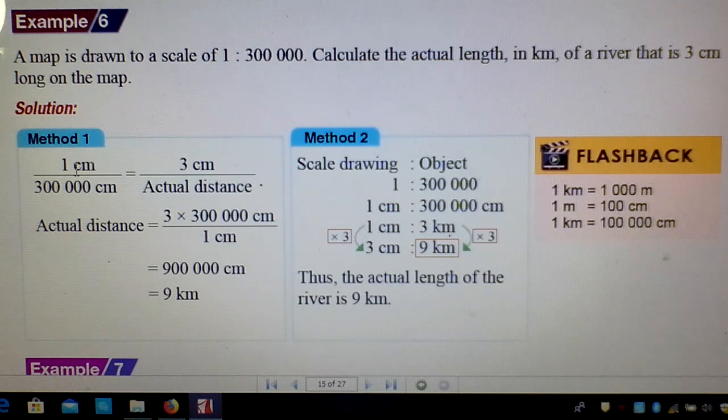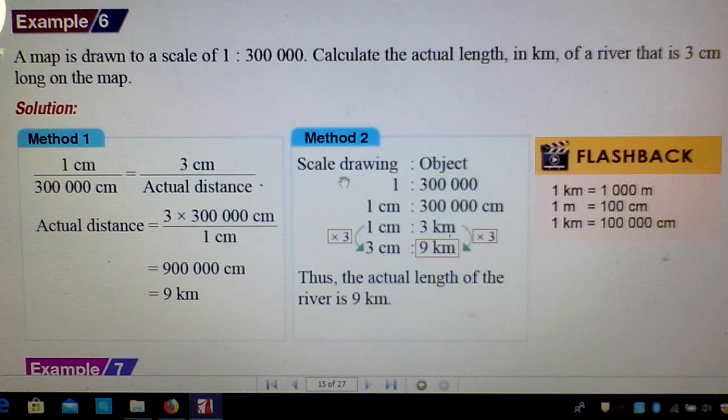Scale is always written as 1 divided by n. So 1 divided by 300,000 cm equals the measurement of the drawing, 3 cm, divided by the measurement of the object or its actual distance. Then from here we can solve mathematically. You make actual distance the subject of the equation. Then you can solve it. So we get actual distance is 9 kilometer.